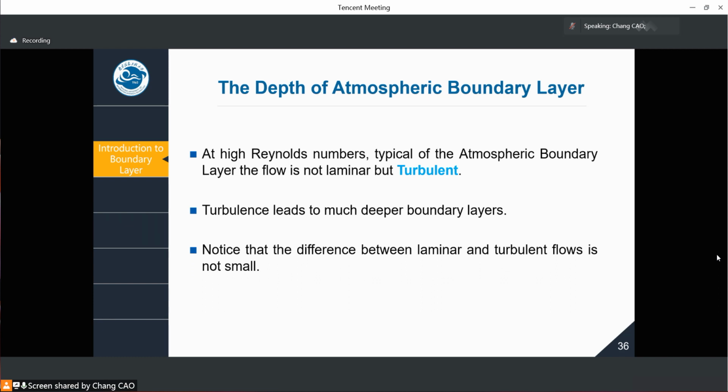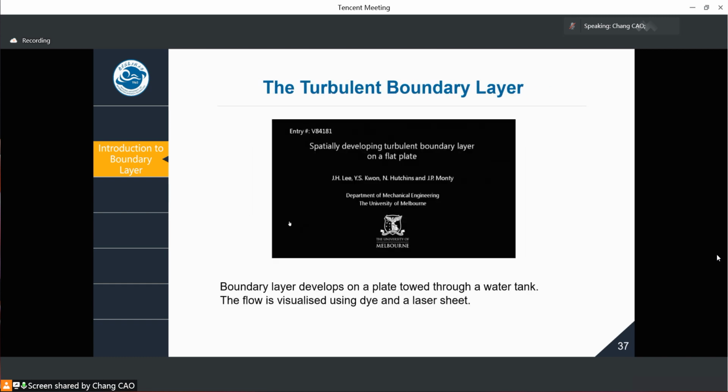And that's why the atmospheric boundary layer can have a height of 1 kilometer. If the flow in the boundary layer were laminar, the height of the atmospheric boundary layer would be very small.